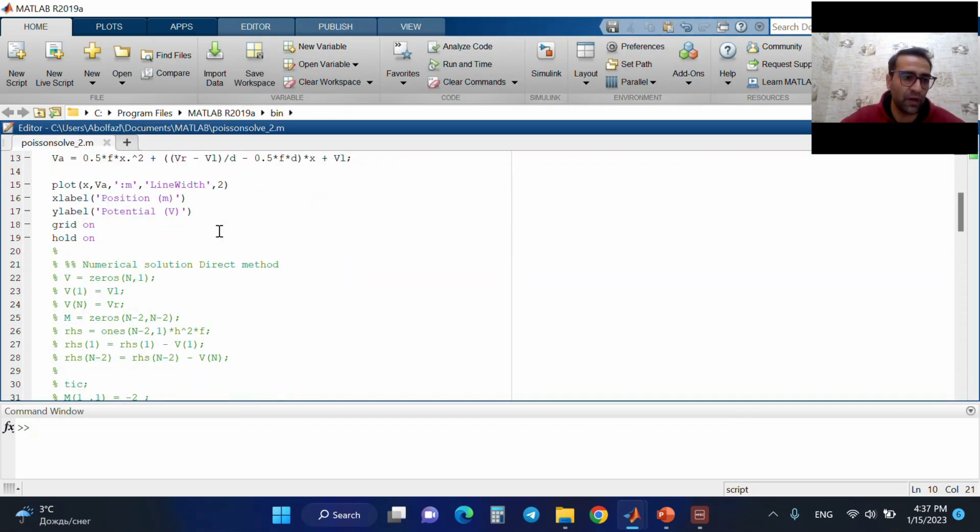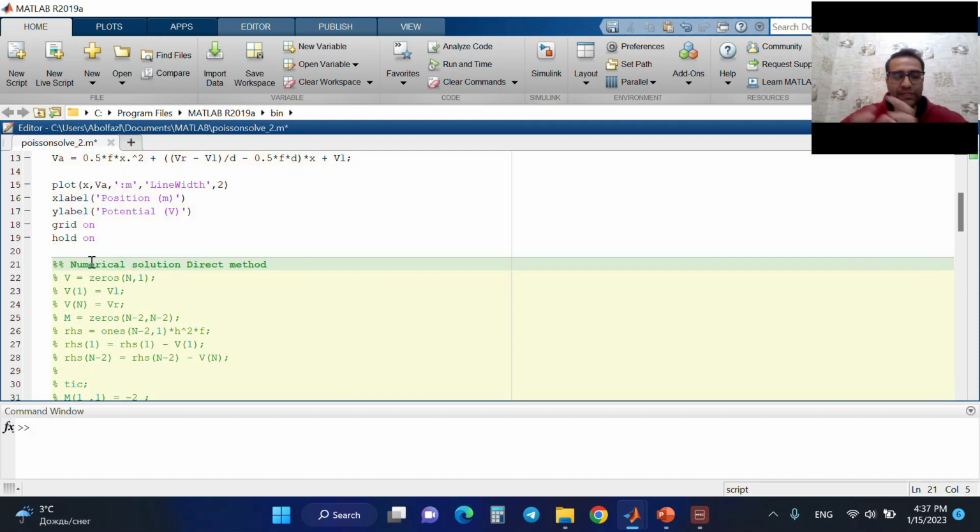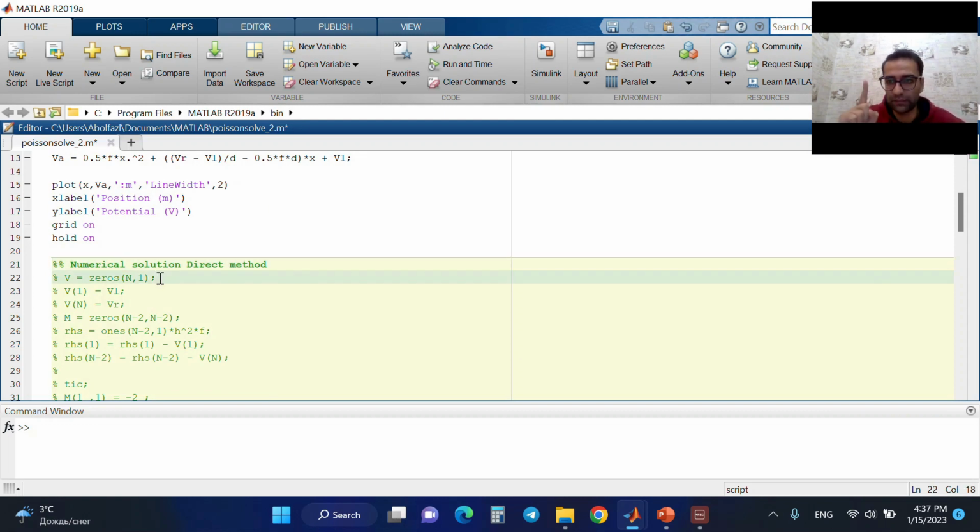Okay, let's move on, and we want to have the numerical solution using the direct method. Therefore, we need to calculate V as we mentioned in that slide, by multiplying the inverse of some matrix by the right hand side of the equation.